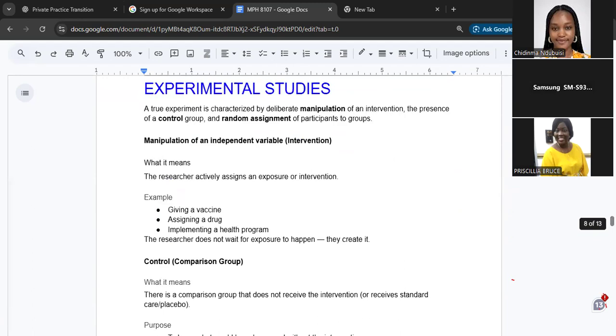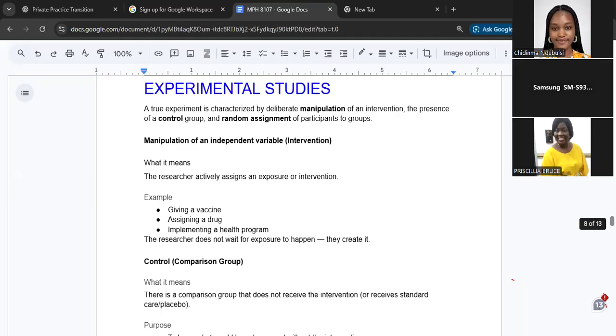Remember we said there are some people that refer to it as interventional, and some who say there's a difference between interventional and experimental, but that one is not really our cup of tea. Just know that if you see experimental, it's loosely translating to interventional study, right?